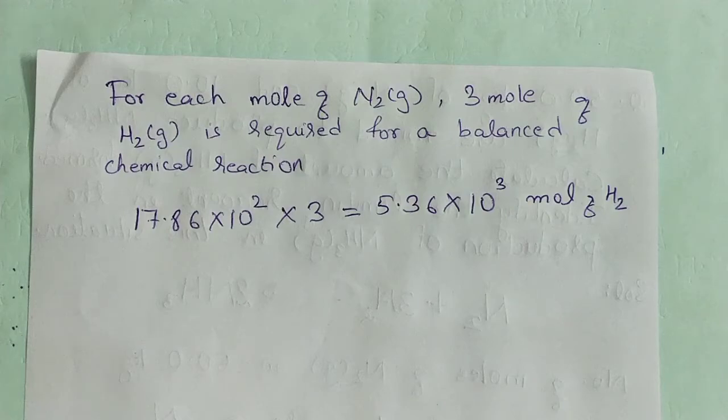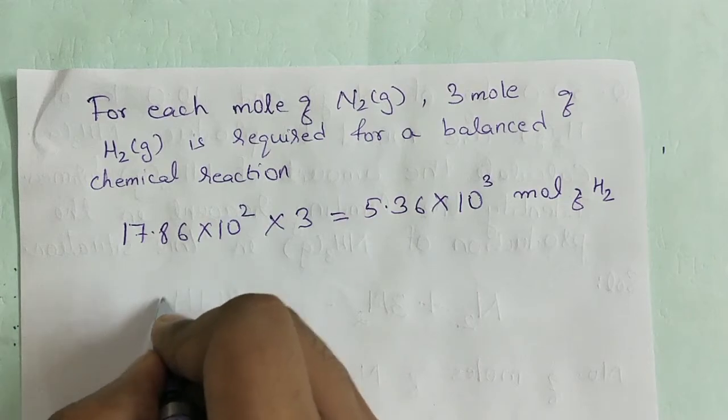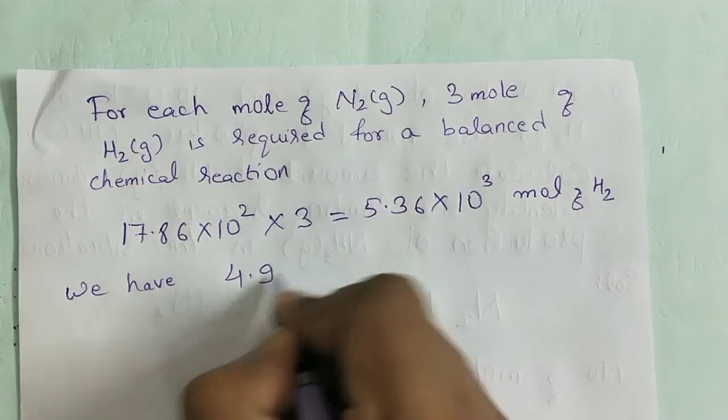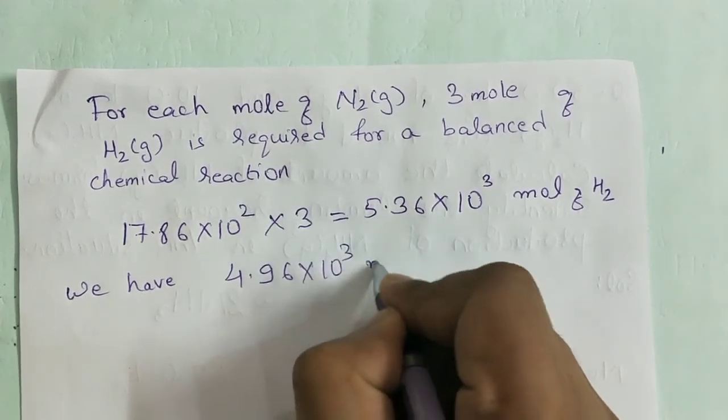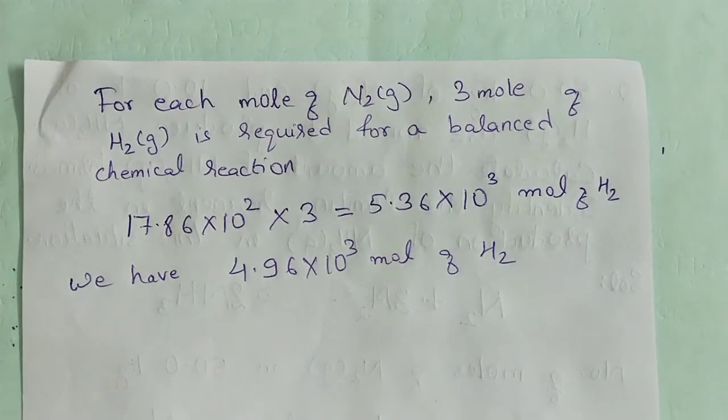But we only have 4.96, we have 4.96 into 10 to the power 3 mole of H2. That means we have less amount of hydrogen gas needed to convert all nitrogen gas and mix with it to produce 2 moles of NH3.